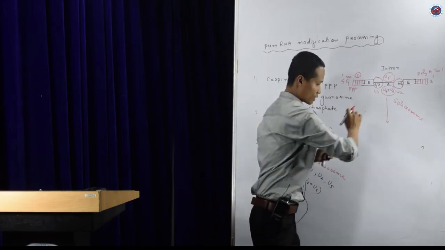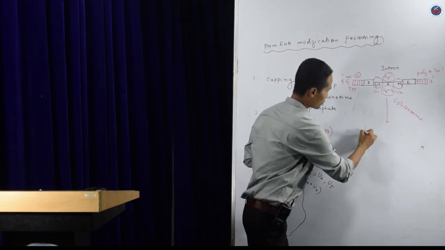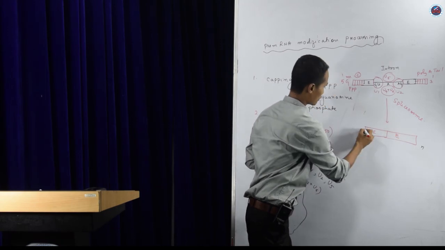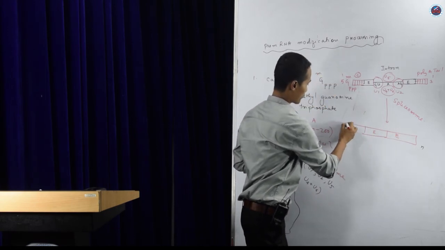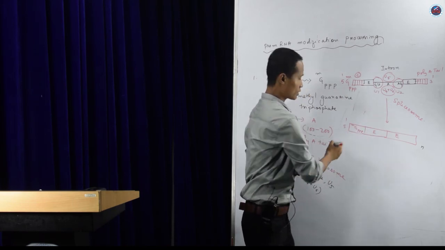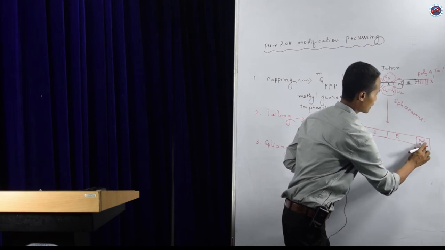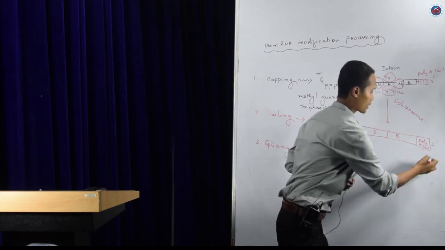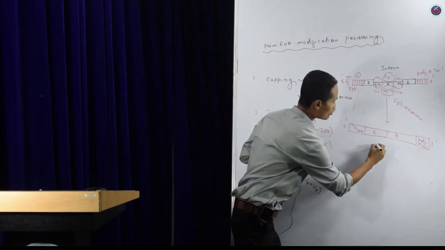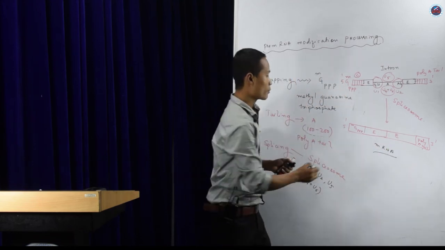In that way, they will cut and remove the introns, and there will be only exons. So this is your exon, this is your exon, and this is your 5 prime. So here will be GMPPP. This is capping, and here will be the poly A tail, and this will be 3 prime. So now this structure is said to be mRNA, and it is mature RNA.